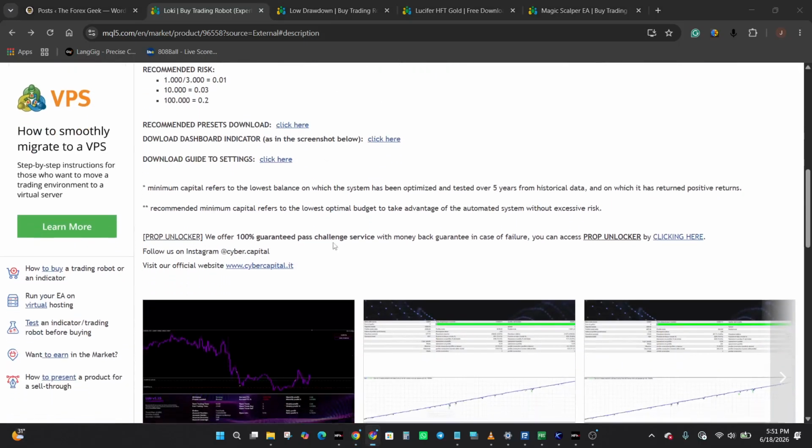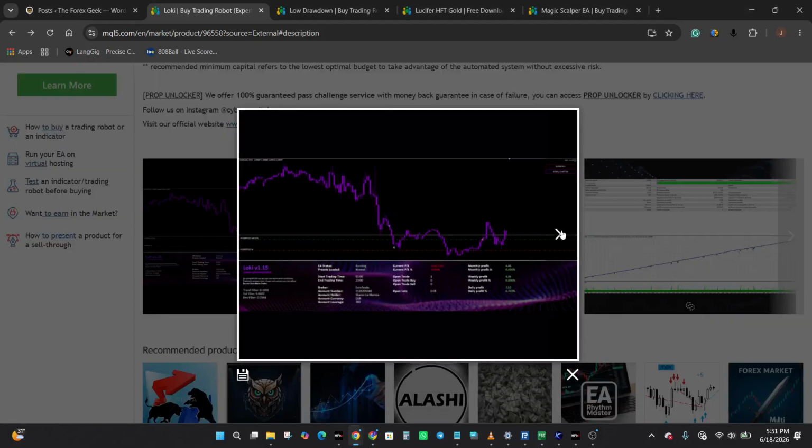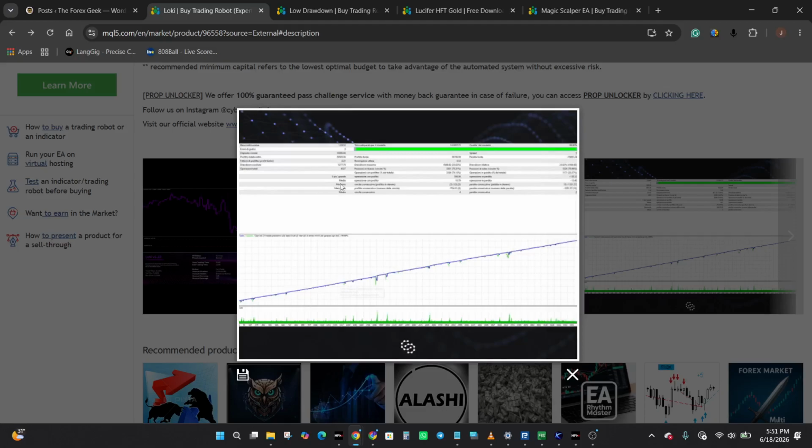Okay, but before then, let's just see what the developer has provided here. This is not very clear, but I think I can see the deposit seems to be $10,000 and the profit seems to be over $20,000, but it's not clear enough.